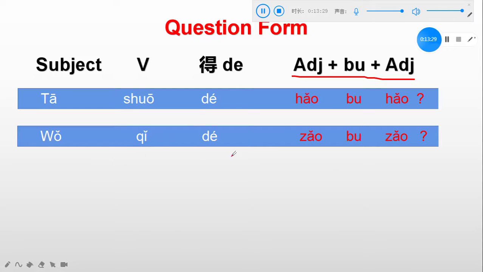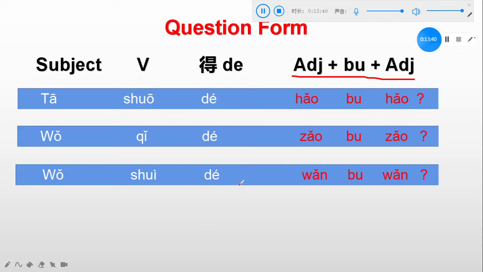Do I get up early or not? 不早 is not early. 早 is early. So early or not early. Example 3. 我睡得晚不晚? Do I sleep late or not?